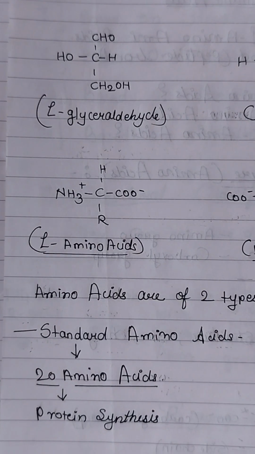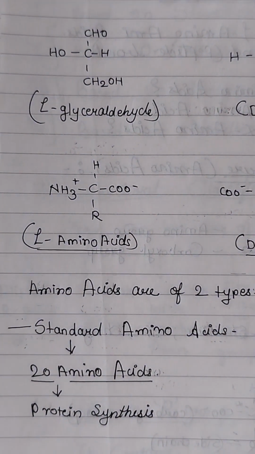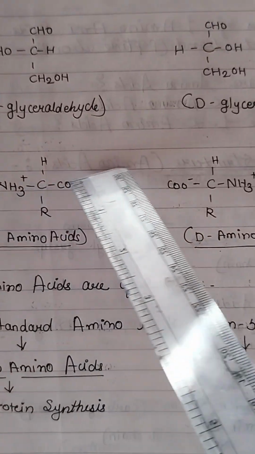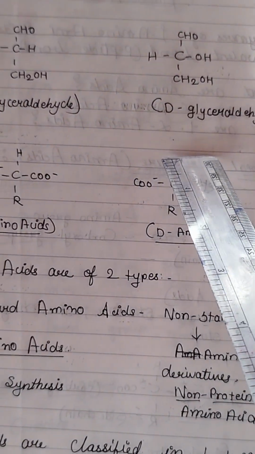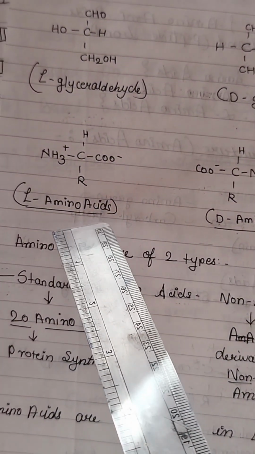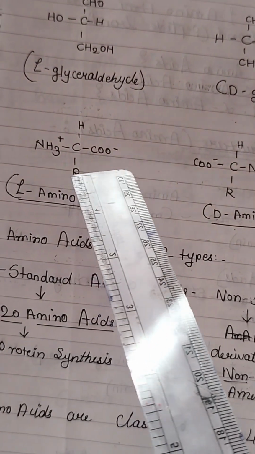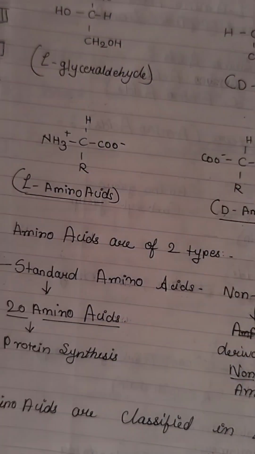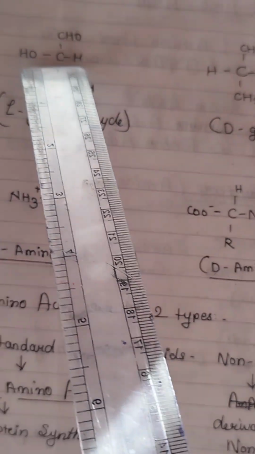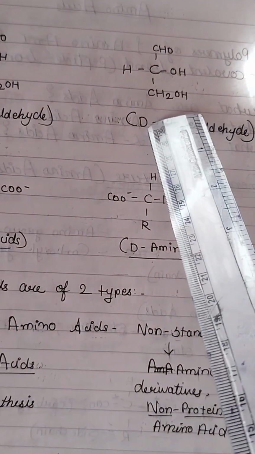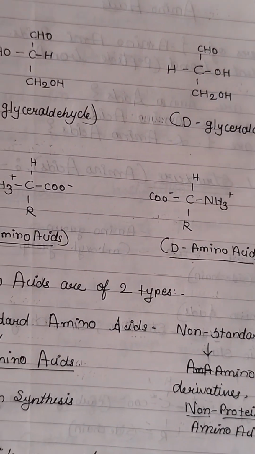These are based on the absolute configuration of the 3 carbon sugar glyceraldehyde. So this is the structure of L-glyceraldehyde, and this is the structure of D-glyceraldehyde. In L-glyceraldehyde, the hydroxyl group is present on the left side, and in D-glyceraldehyde, the hydroxyl group is present on the right side.